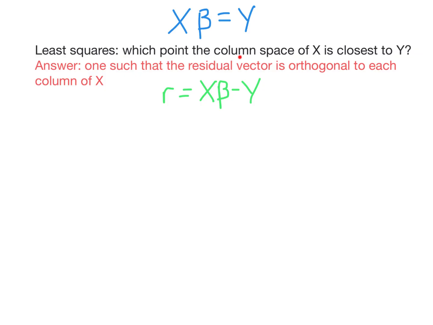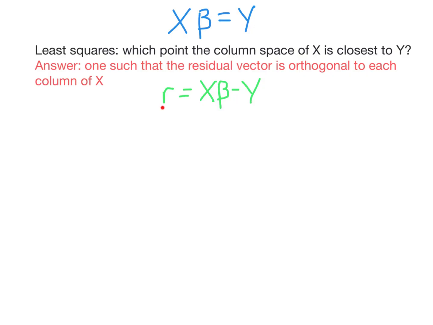Remember that the column space of X is the span, that is the set of all possible linear combinations of the columns of X. It turns out if you multiply X by beta, you will get a vector that is in the column space of X. So which such vector is going to be closest to y?